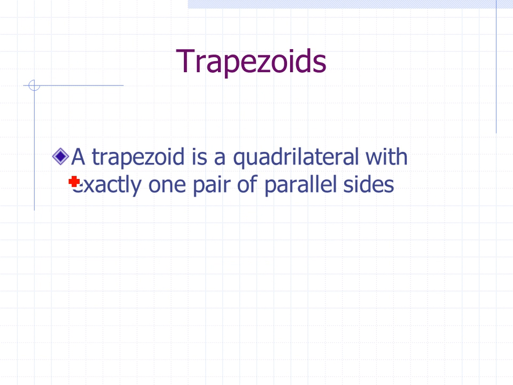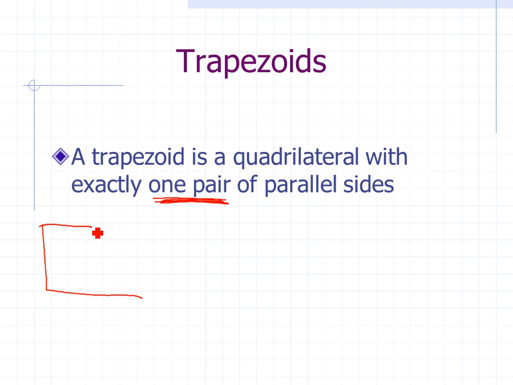All right, so a trapezoid is a quadrilateral with one pair of parallel sides. You've got to make sure it's just got one pair. If it's got two pairs of parallel sides, then it would be a parallelogram. So again, a trapezoid could look like this.